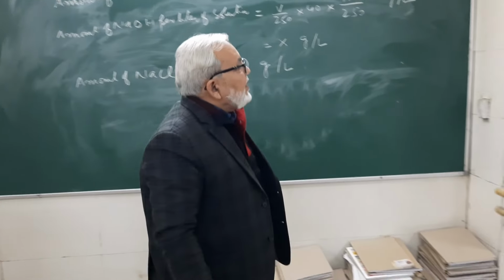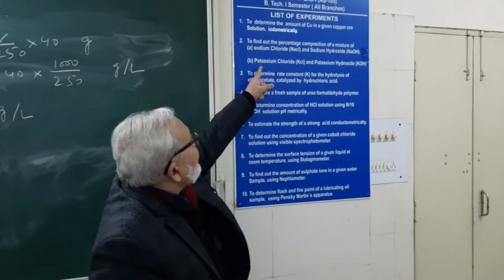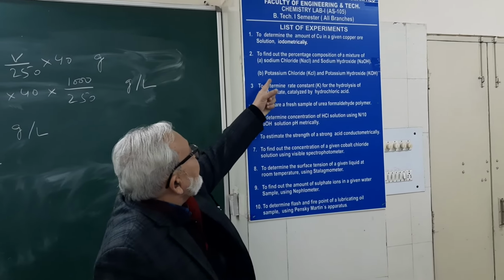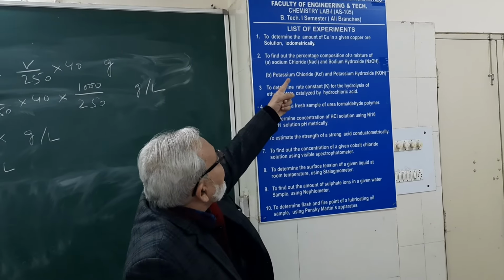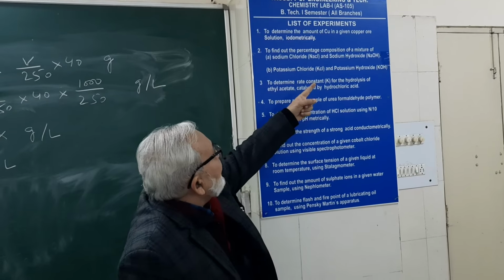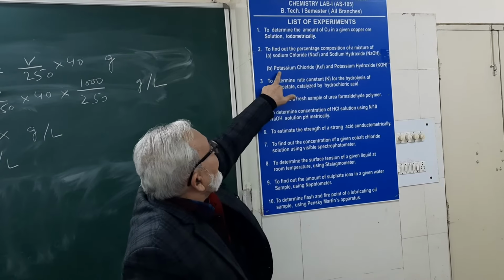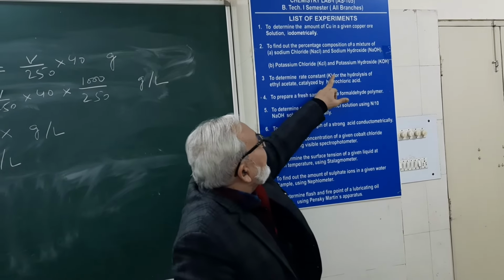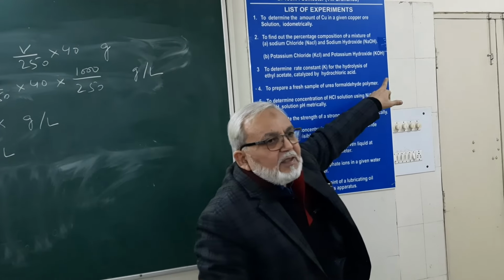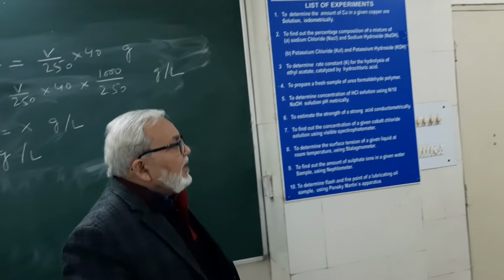Now the second part of this experiment number 2, as you can see, is determination of the percentage composition of a mixture of potassium chloride KCl and potassium hydroxide KOH.